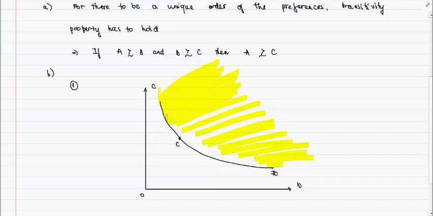So that is called the preferred set of C.